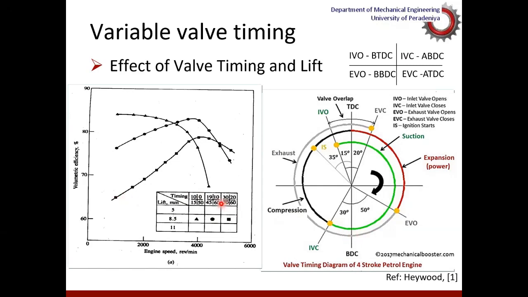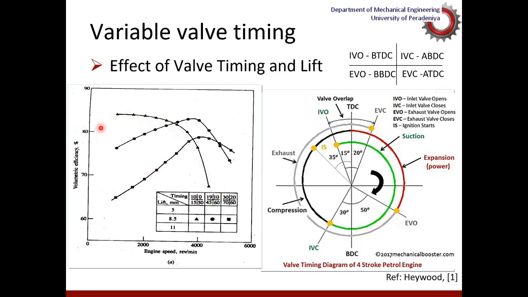These are the experimental values, these triangles, and this is the corresponding curve. And you can see if you close the intake valve early, then your volumetric efficiency is quite high at low speeds, but with the speed, it drops drastically.